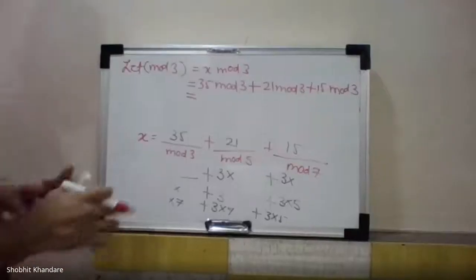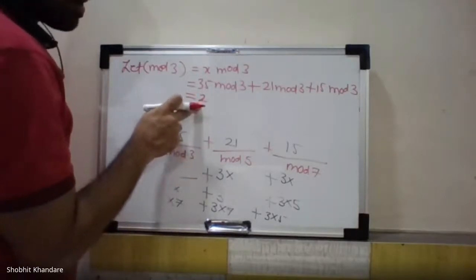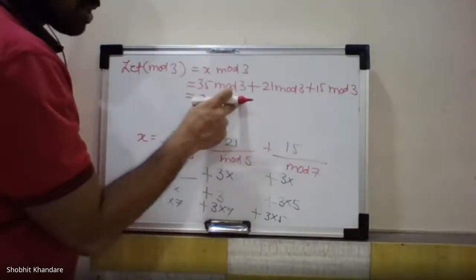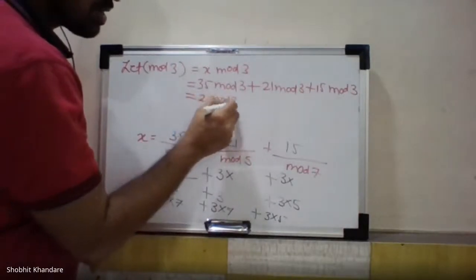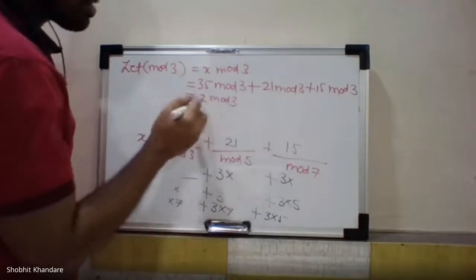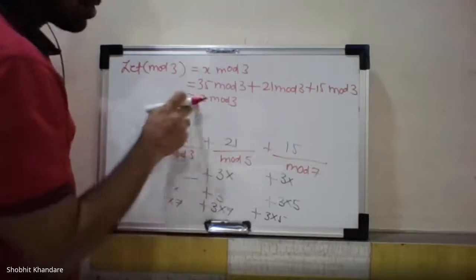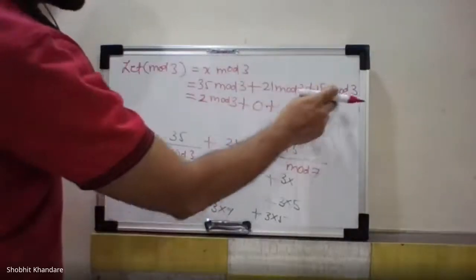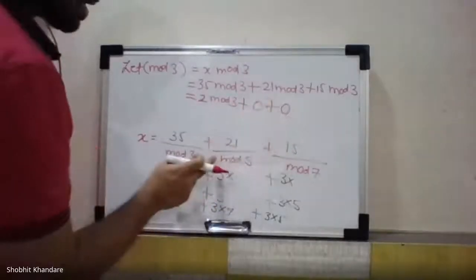Yes, 2. अभी here आपने लिखा रिमाइंडर जो 2 आया है. 35 divided by 3, the remainder is 2. लिखते समय हम लिखते हैं 2 mod 3. 2 mod 3 का मतलब ही 2 है, लेकिन लिखते समय हम लिखेंगे 2 mod 3. अब मुझे बताओ 21 mod 3. 0. Yes. 15 mod 3. 0. Yes.